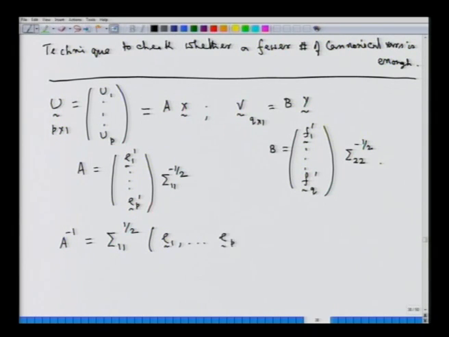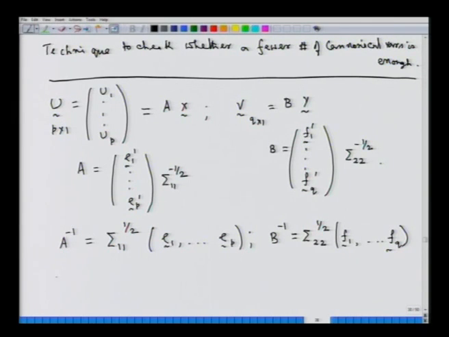So, this is sigma 1 1 to the power half times E1, E2 up to EP, where these are the columns. Similarly, the B matrix is also non-singular, with inverse given by sigma 2 2 to the power plus half multiplied by the transpose, which is F1, F2 up to Fq. So, this is A inverse and this is B inverse.